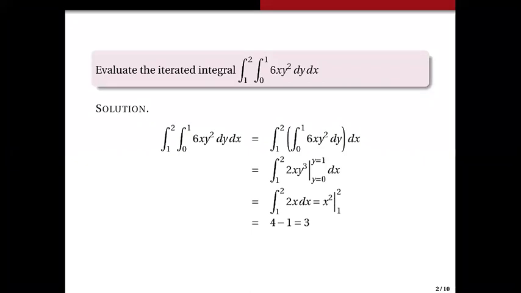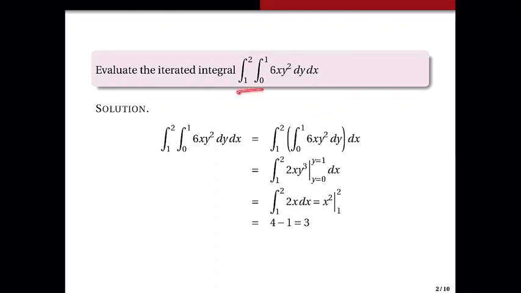You have the inner integral, and then you integrate that with respect to the variable in that inner integral, holding the other variable constant. Afterwards, you follow that up with the integral of the next variable.